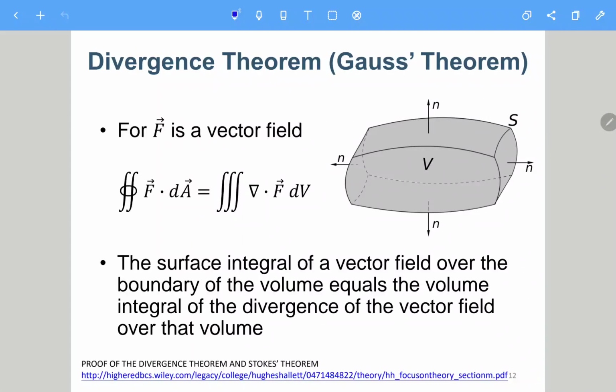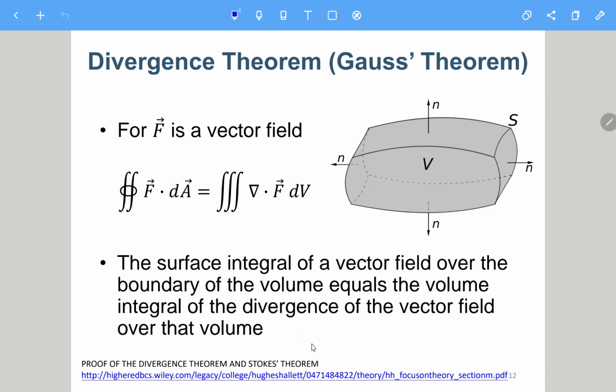Okay, so with these two definitions, we can start to introduce the divergence theorem, also known as the Gauss theorem. So you can simply imagine that the Gauss theorem will be related to Gauss's law. And here it says for F a vector field, we have this expression. Actually, I will not try to derive this theorem here.